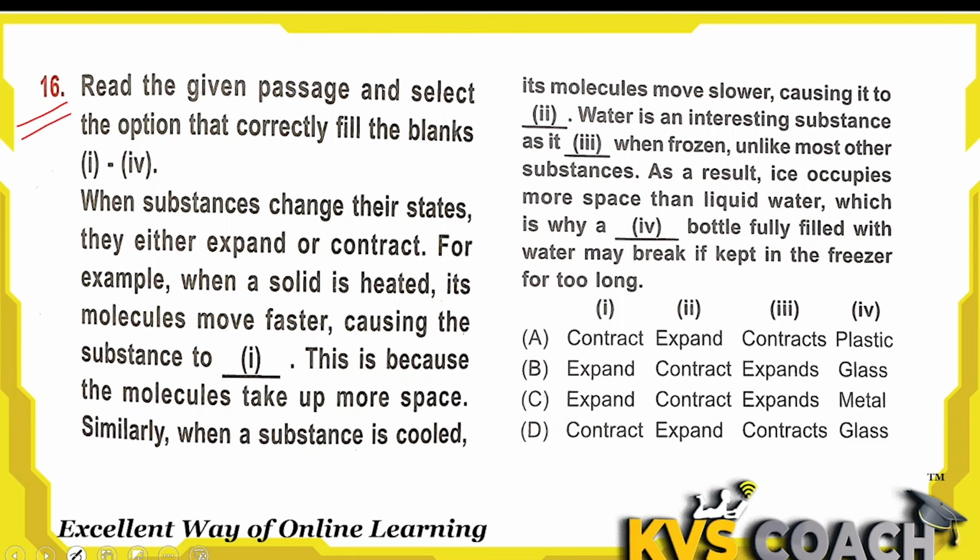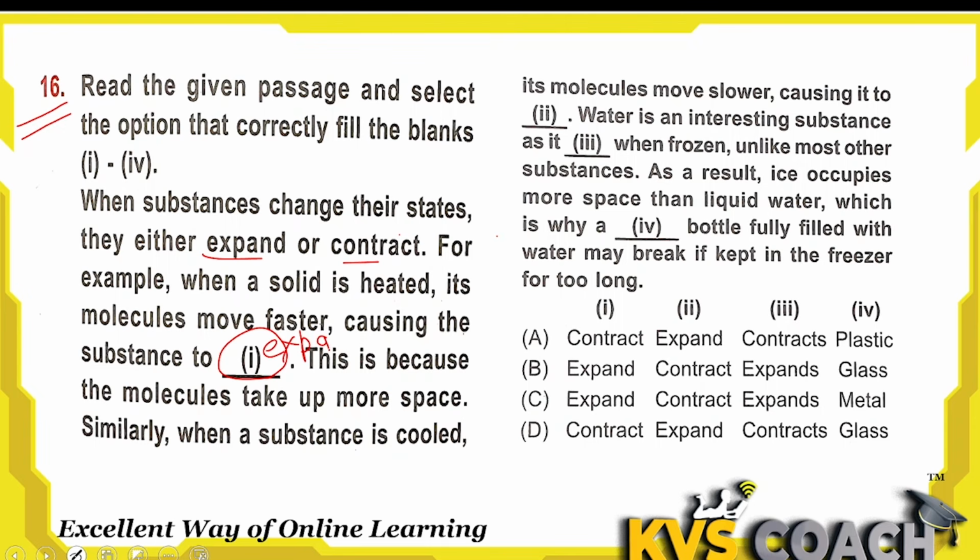Next, read the given passage and select the option that correctly fills the blank. First to 4. When substances change their state, they either expand or contract. For example, when a solid is heated, its molecules move faster, causing the substance to expand.